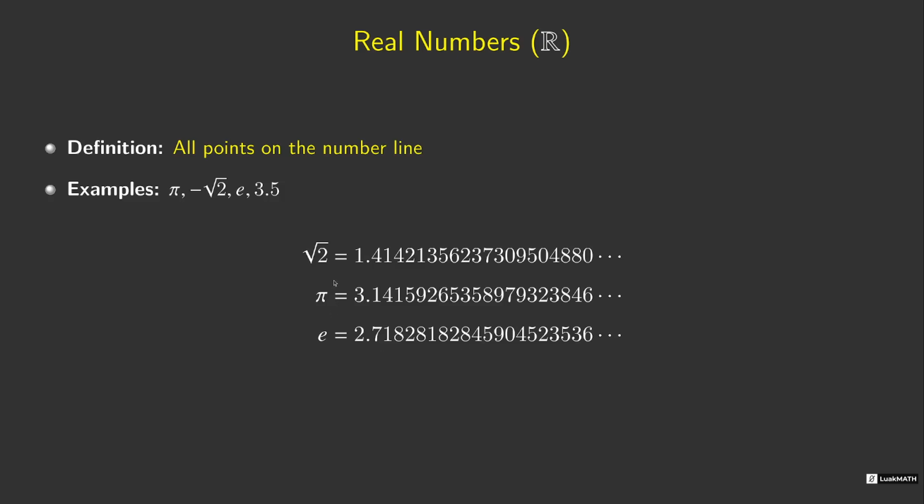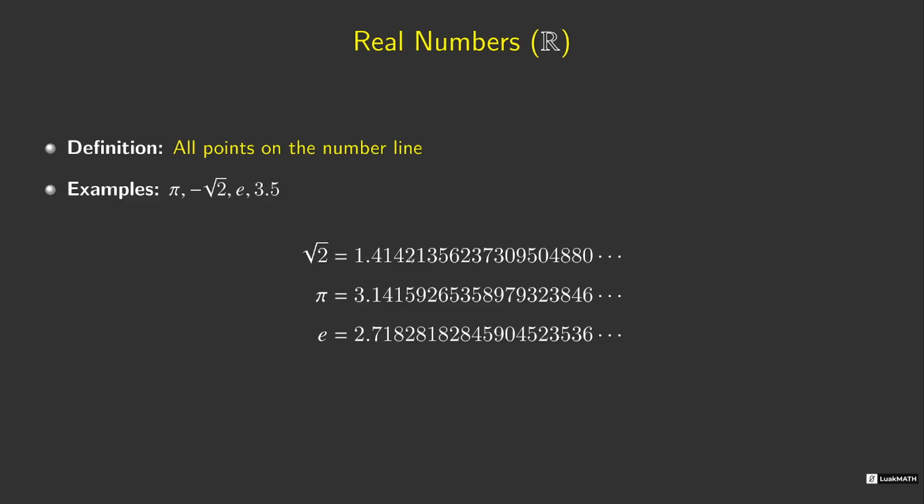So the reason why, for example, we can convert 3.5 into a rational number or to a fraction is because this is called a non-recurring decimal. It doesn't repeat endlessly. This is not the case for these numbers.